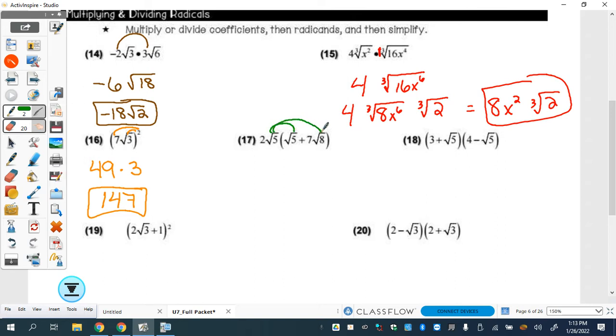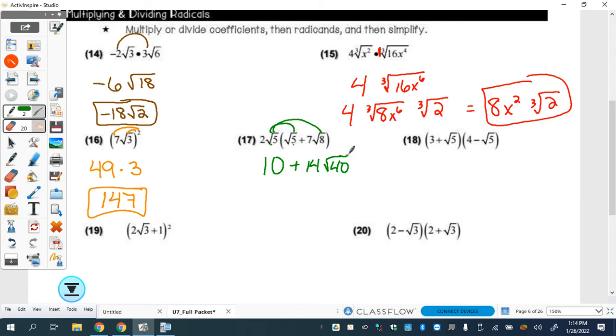We can do distributive property with our radicals. So 2 radical 5 times radical 5 would be 10, because radical 5 times radical 5 would give you 5, and then times the 2 would make it 10. Plus 2 times the 7 gives me 14, 5 times the 8 gives me radical 40.